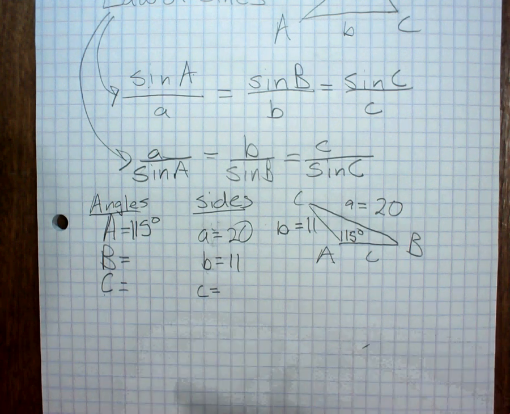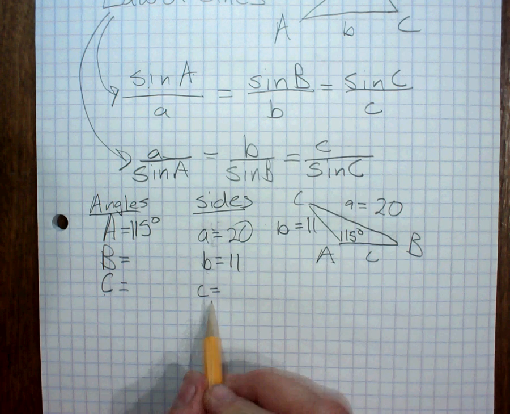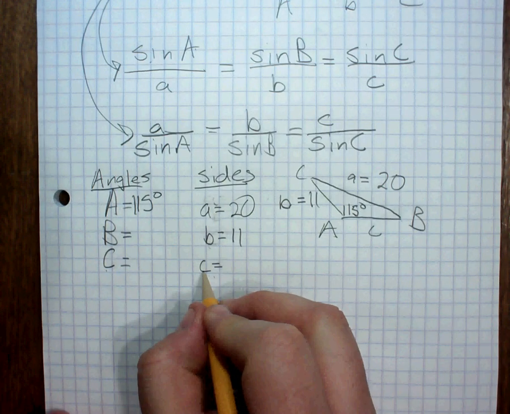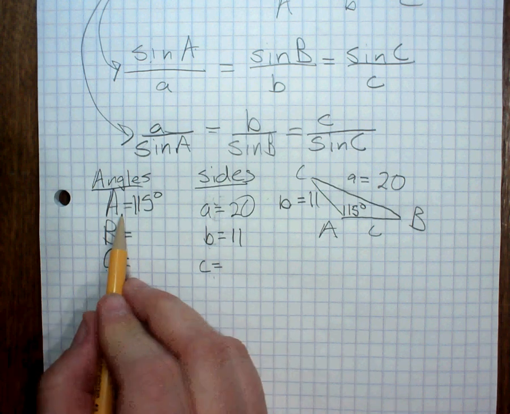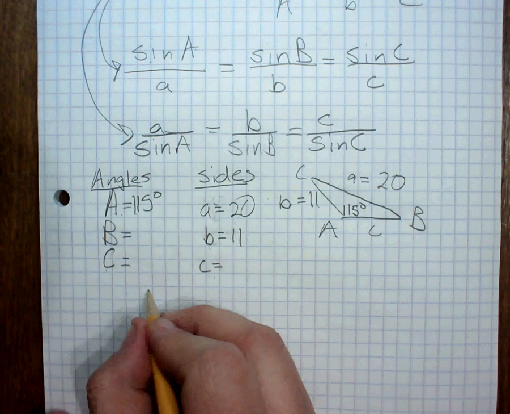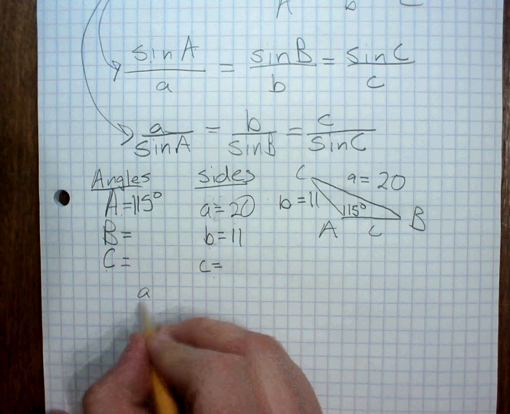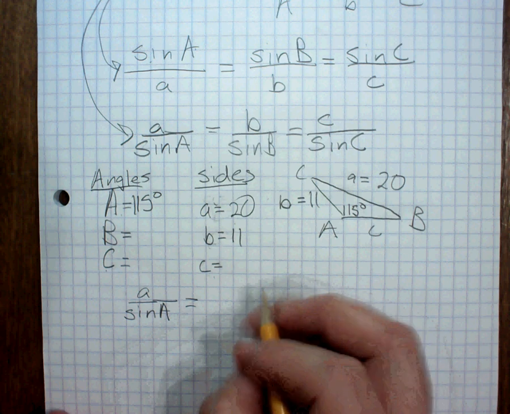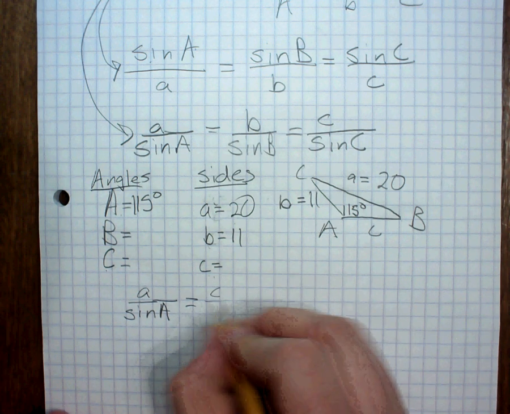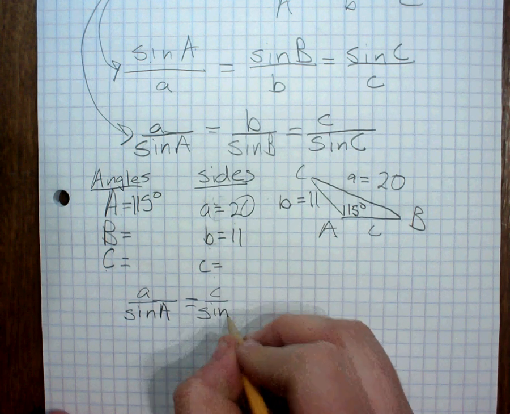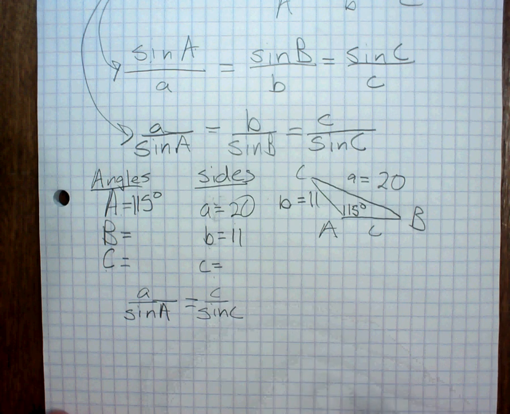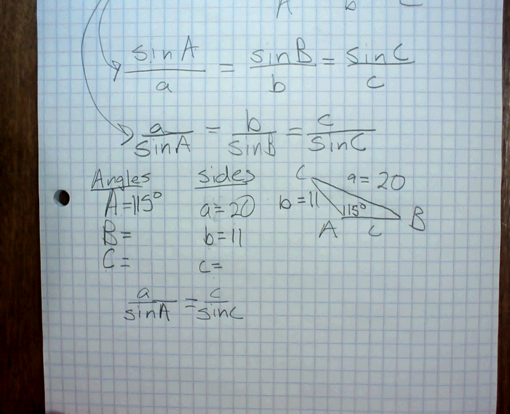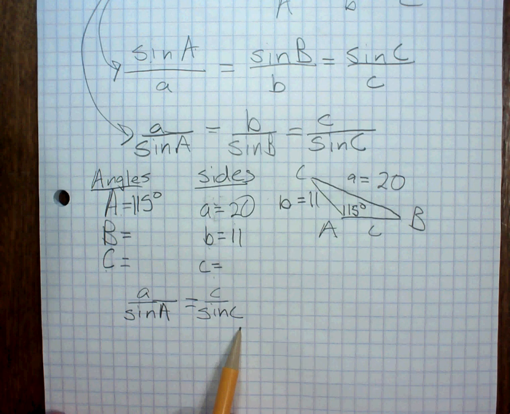Okay? So now I can do this by using the law of sine. So I'm going to find lowercase c first. I know capital A and I know lowercase a, so I'm going to say a over sine of capital A is equal to c over sine of C. Now as I look at that, the problem is I don't know what the angle for C is.